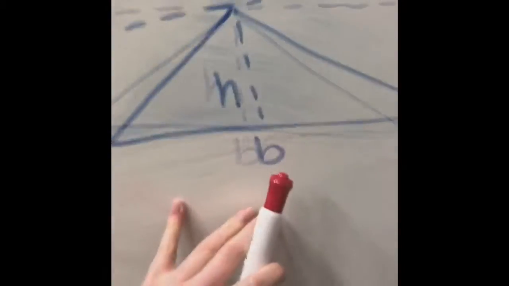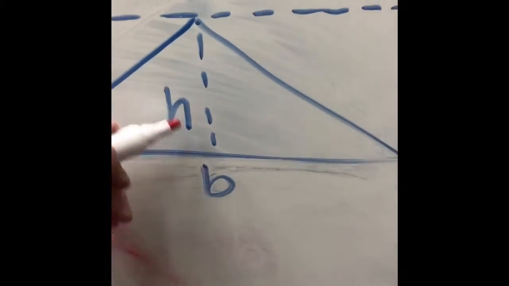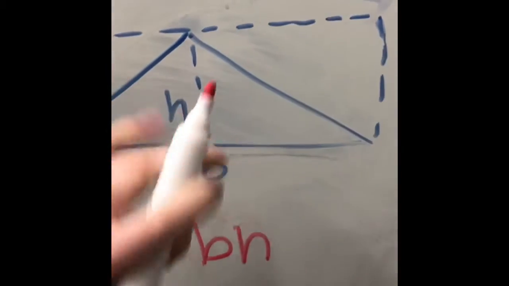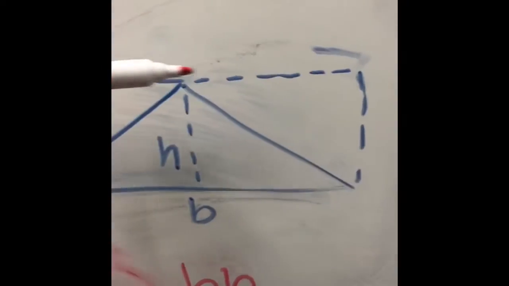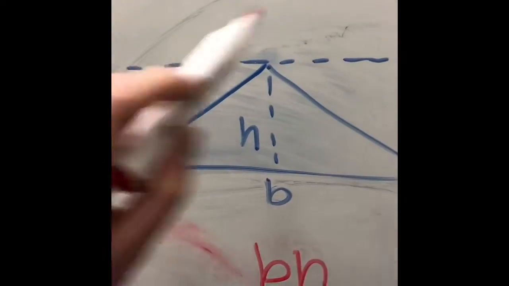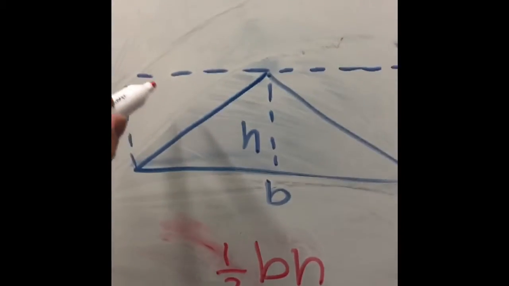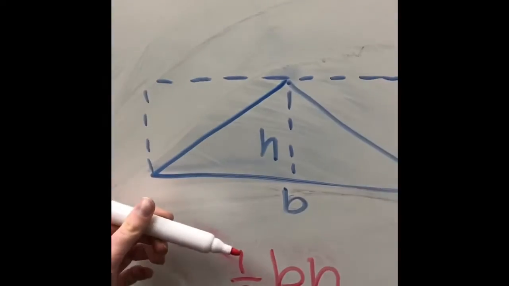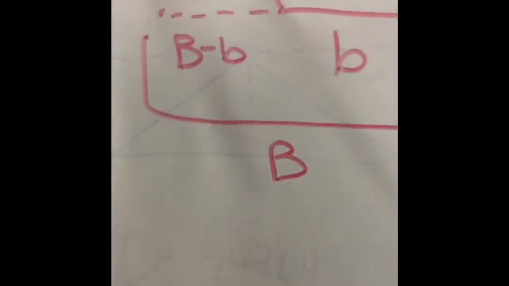So now we are able to add in the base times height, because each of those never changed, and what we added was half of that rectangle. That's where the 1/2 comes into play, because this is half of the rectangle. So that's how we get our 1/2 base times height.